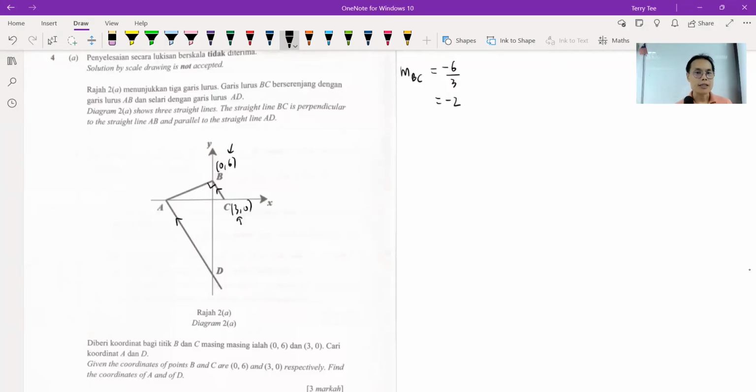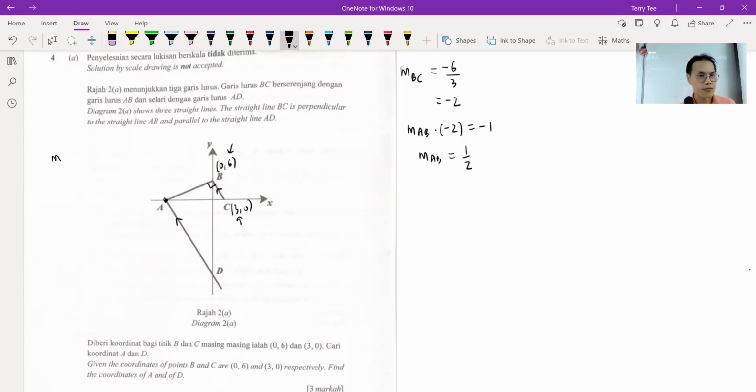Now, BC is perpendicular to AB. All right, so A is my x-intercept. So there are many ways to do it. You can find gradient AB first, or we can just multiply straight away. As in, if you find gradient AB, we know gradient AB times gradient BC, the result must be -1. So gradient AB should be positive half. Okay, then A is your x-intercept.